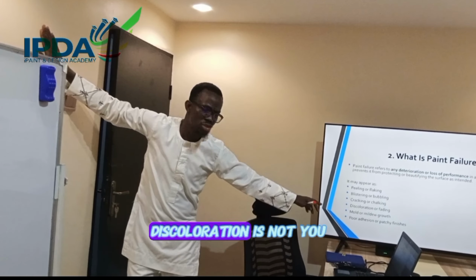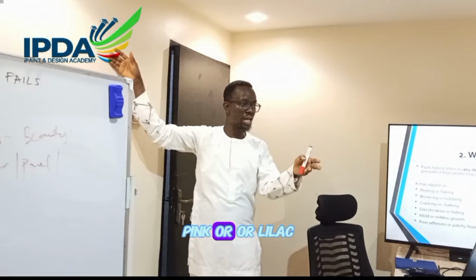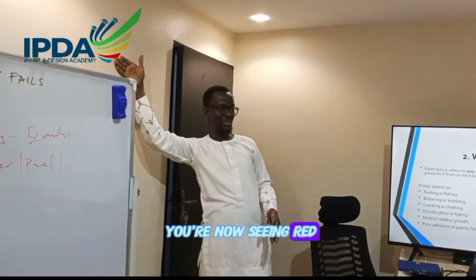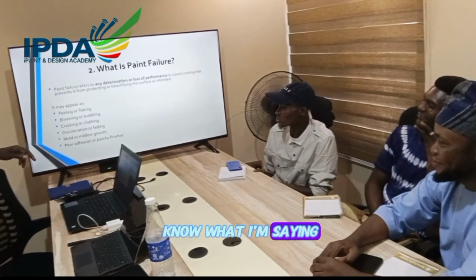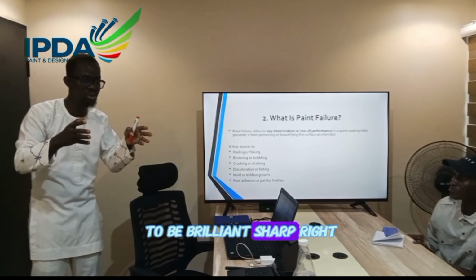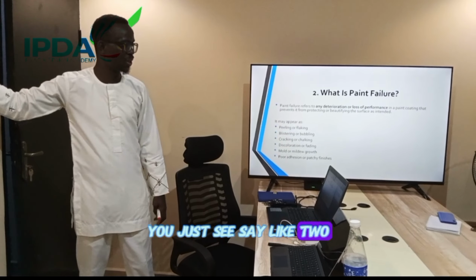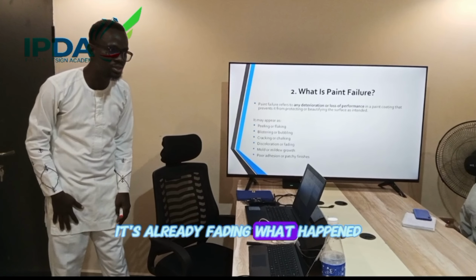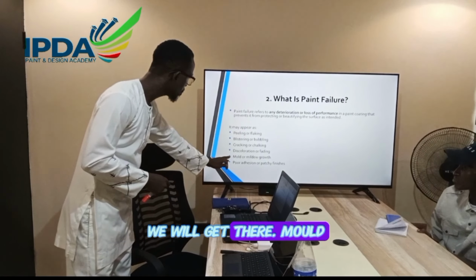Discoloration is when you painted pink or lilac and you're not seeing the same color. A new coat ought to be brilliant, sharp, right? But in this case, after two or three months, it's very faded. What happened? It's because the paint failed. Why did it fail? We'll get it.